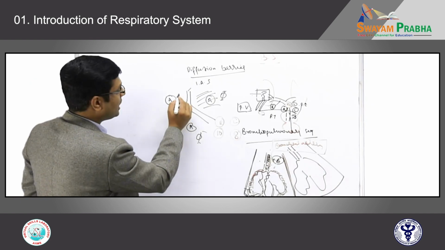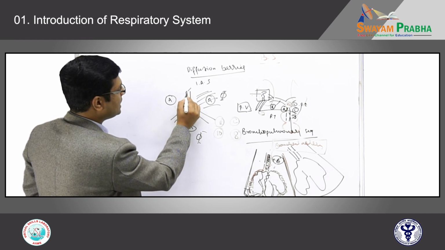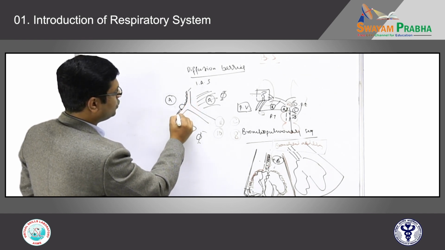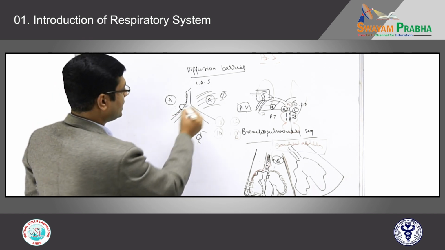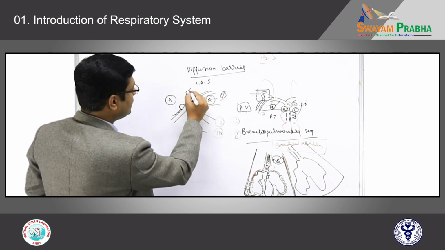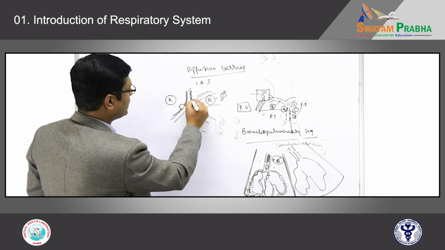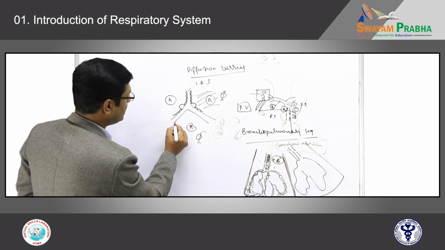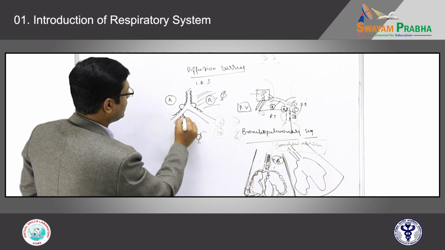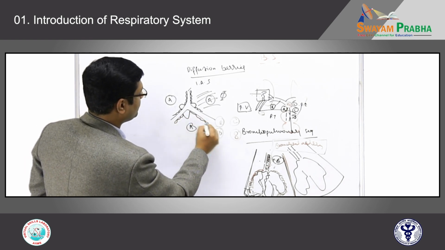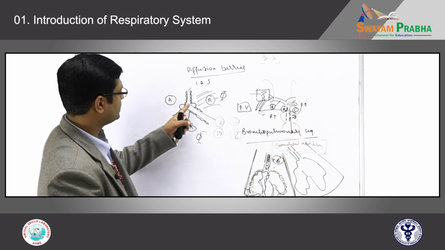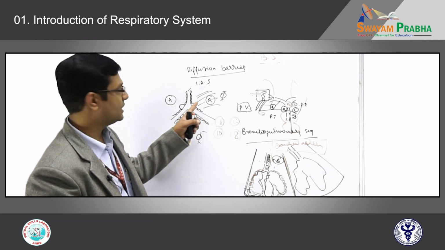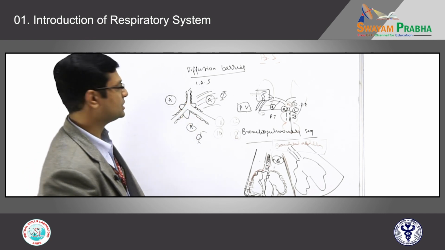This alveolus on its inner surface contains type 1 alveolocytes, and occasional type 2 alveolocytes. There is one more alveolus here, it also contains type 1, occasional type 2. There is one alveolus here, type 1, occasional type 2. There is extremely scant space between these two alveoli. This is the alveolar interstitium.